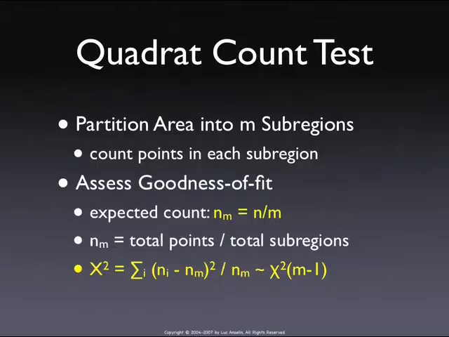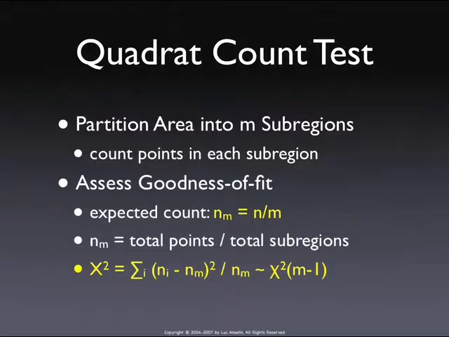So then for each of the cells, we take the actual number of events observed, n_i, we subtract the mean, we take the square and divide by the mean, and sum this up over all the m cells, and that is your classic chi-square measure of goodness of fit. And we lose 1 degree of freedom.